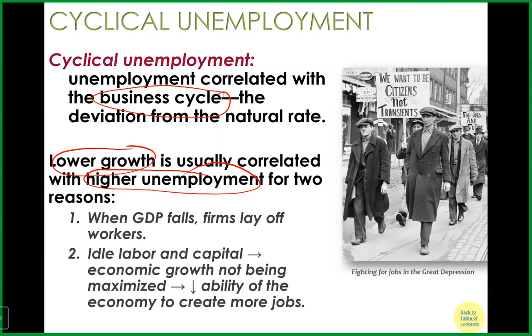Does that make sense? Okay, so one is like a stock, the other is like a growth or flow. Let me write it down. One is a stock, the other is a flow. On the one hand, your stock is going to fall, and at the same time, your flow is going to dwindle. So both cause the unemployment rate to shoot up when the economy is experiencing a downturn, right? So this is called cyclical unemployment.